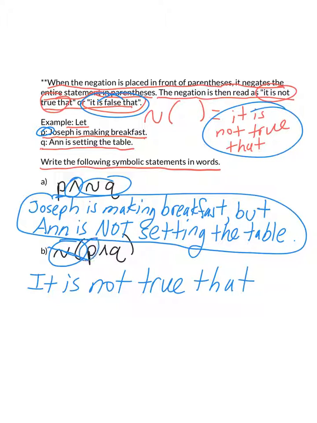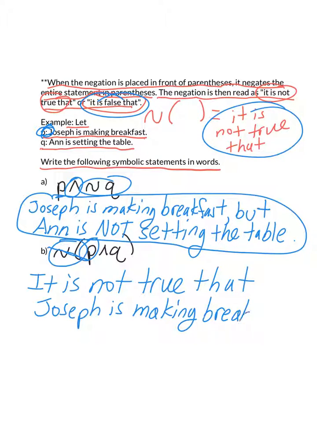So next I hit the letter P, which is Joseph is making breakfast. The up arrow, which you can use and, but, however, nevertheless. If I'm looking ahead, and Q, the word and would make the most sense.